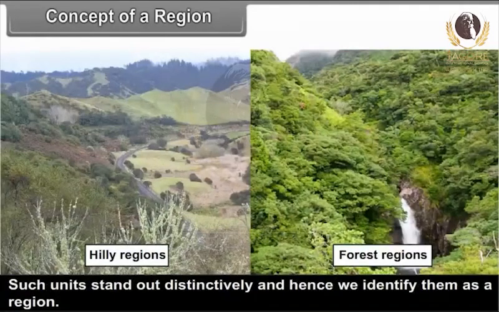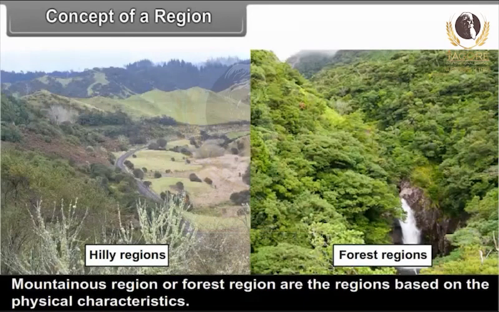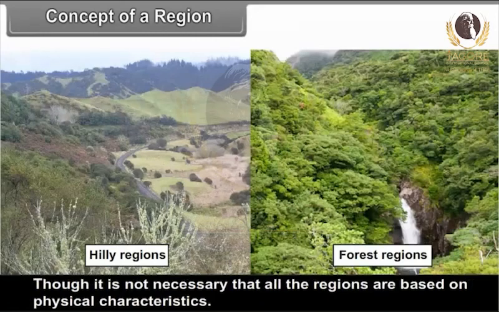Such units stand out distinctively and hence we identify them as regions. In fact, regions get identified due to the common characteristics. Mountainous region or forest region are regions based on physical characteristics. Though, it is not necessary that all regions are based on physical characteristics.